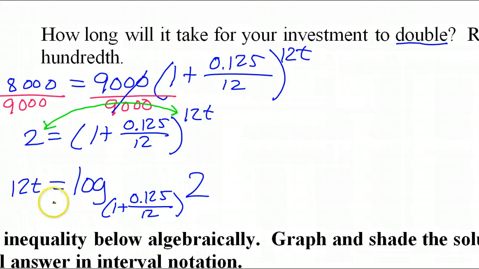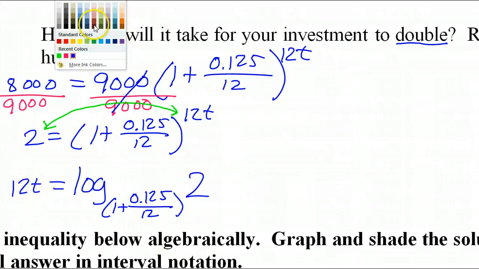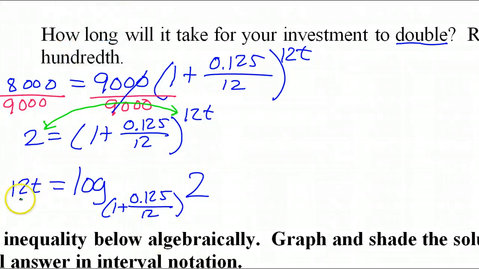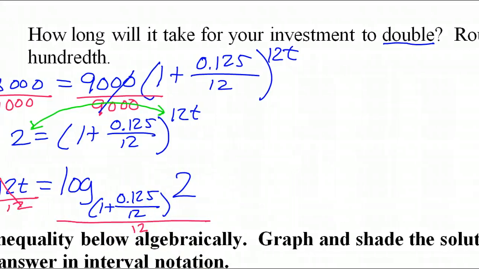Okay, so the last step, we got to get that t by itself, so I'm going to divide both sides by 12. Like that. Okay, so this is what we're going to try to put in our calculator. Obviously there's no way to directly put log base something of something in the calculator, so you got to do the change of base formula again.